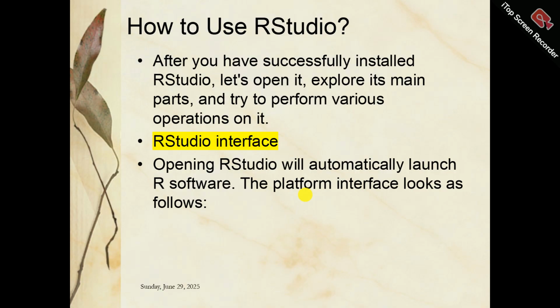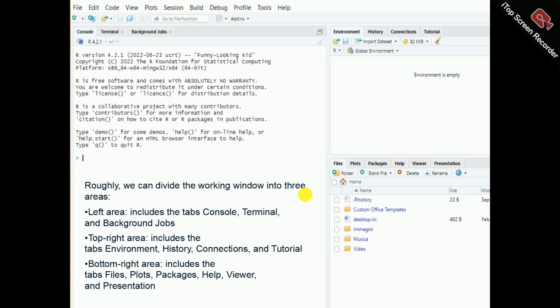Opening RStudio will automatically launch R software, and the platform interface looks like the following. So this is how RStudio looks when we open it for the first time. So here we have the console, and here we have the environment, and here we have something else.